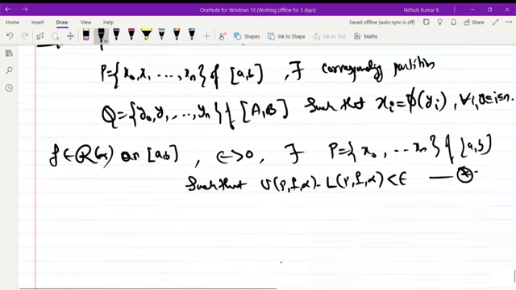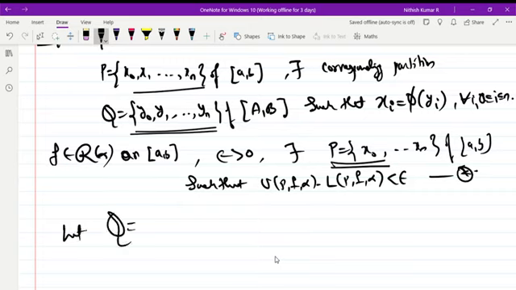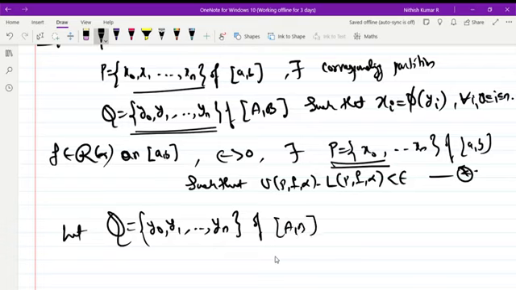Now since for any partition a corresponding partition Q exists, for this partition let's take a partition Q as above, that is y0, y1, so on up to yn of the closed interval capital A comma B, such that phi of yi is equal to xi.